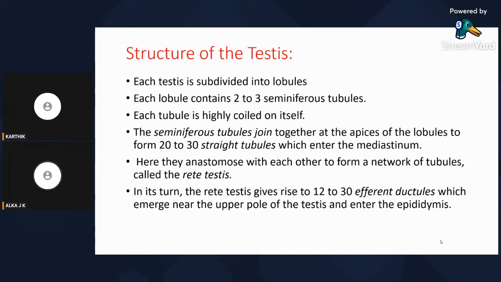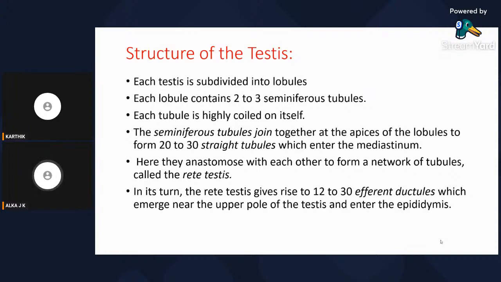Structure of the testes: the glandular part of the testis is subdivided into lobules, 200 to 300 lobules. Each lobule contains 2 to 3 seminiferous tubules, and each tubule is highly coiled on itself. When stretched out, each tubule measures about 60 centimeter in length and 0.02 centimeter in diameter.